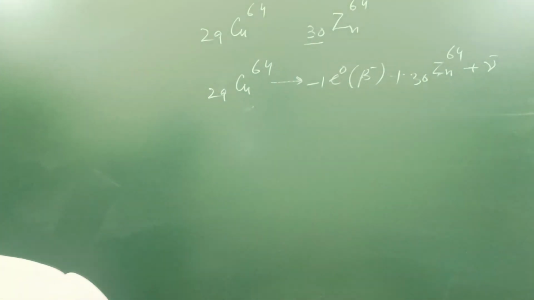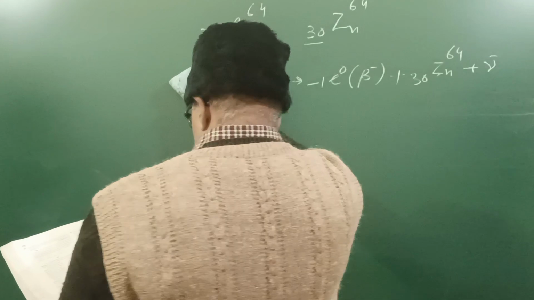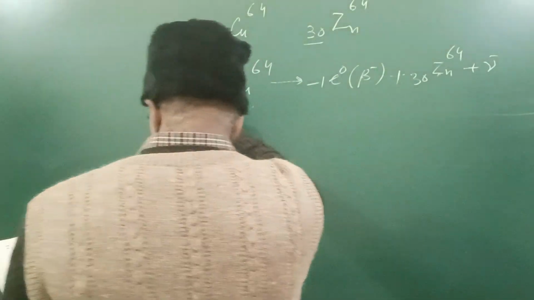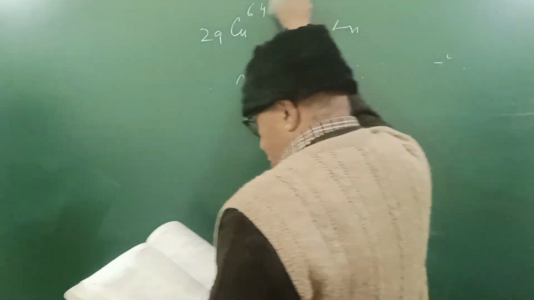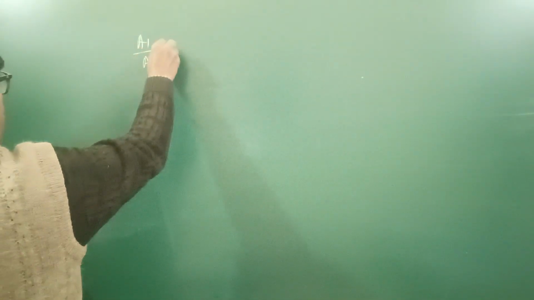The next question is there. Nuclei have mass numbers in the ratio A1:A2 equal to 1:3.